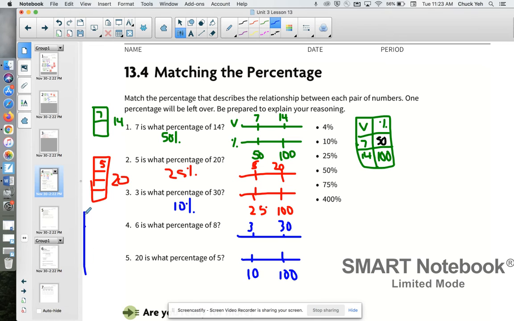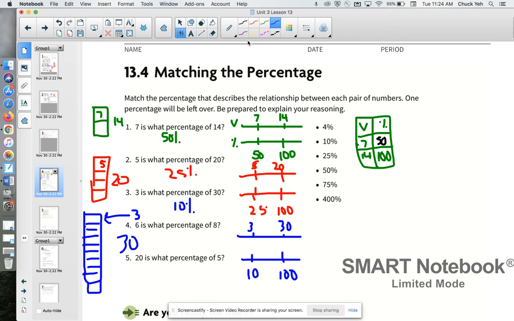Well, then here, I can just draw this. 1, 2, 3, 4, 5, 6, 7, 8, 9, and 10. This whole thing is 30. That means 1/10 of that is 3.